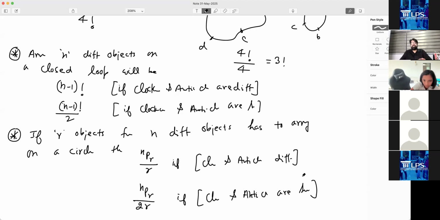So this is the basic structure for the closed loop arrangement, whenever objects are going to be arranged on a closed loop.